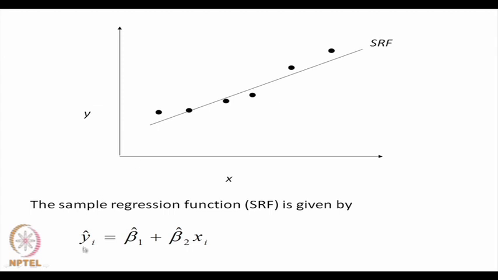Therefore, y i hat is basically a point that falls on the SRF line and is just below the actual value. That means it is somewhere here. For the fourth one, it is somewhere here, fifth it is here, sixth it is here.